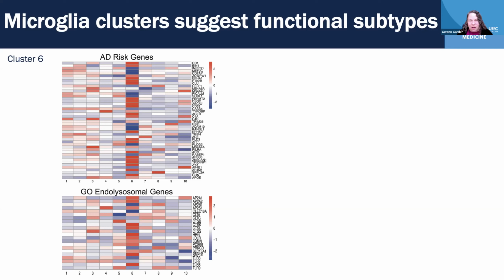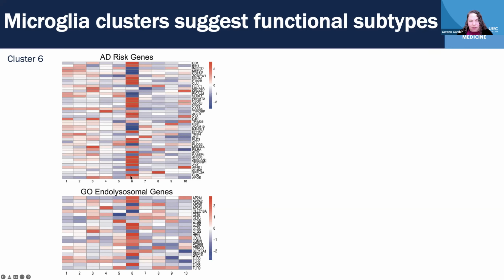And interestingly enough, when you look at, for example, PLCG2, where the most common allele is one that actually decreases risk, we saw a decrease in expression of PLCG2, and others which are associated with increased AD risk, we saw an increase in expression.